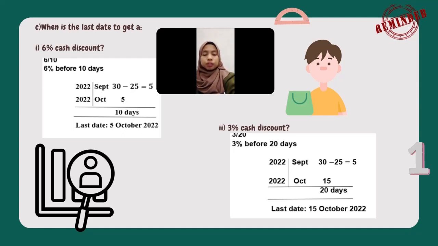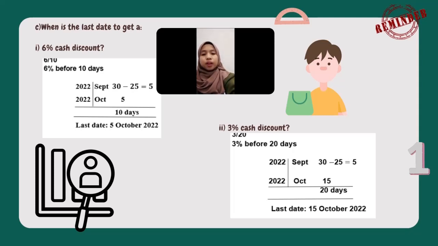For the next part, question C roman 2: when is the last date to get a 3% cash discount? We know from the question that 3% is 3 over 20, which means 3% before 20 days. In September, we have 30 days and minus it with 25, because the question already gave the items on 25th September 2022. 30 minus 25 is 5.